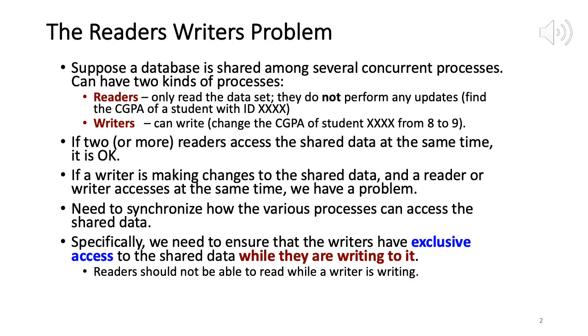So for example, find the CGPA of a student with ID 2020 CSB 1010. Here the student ID, the entry number, is given, and with that as the key... The way the data is arranged in the database is as a table.